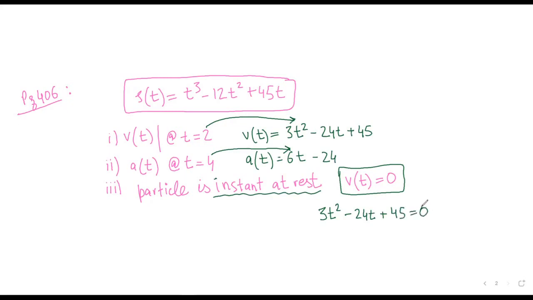Because it's a solved example, I'll tell you: at time t is equal to 3 seconds and 5 seconds, the particle is instantaneously at rest. I will send you the solved example. Am I making sense?